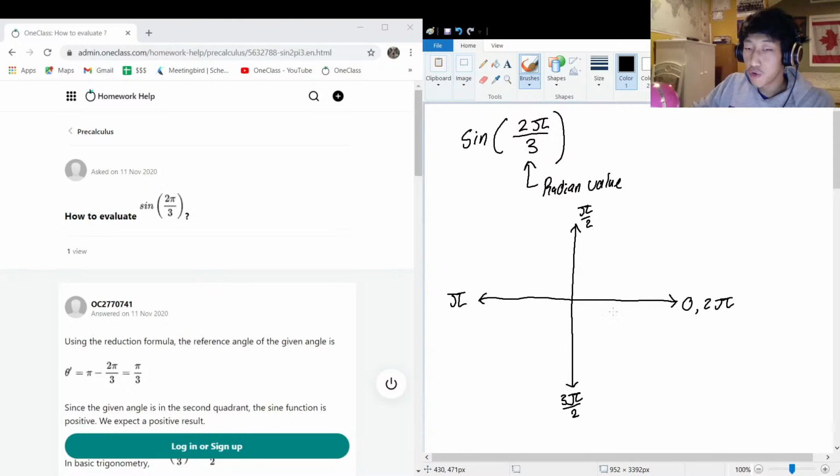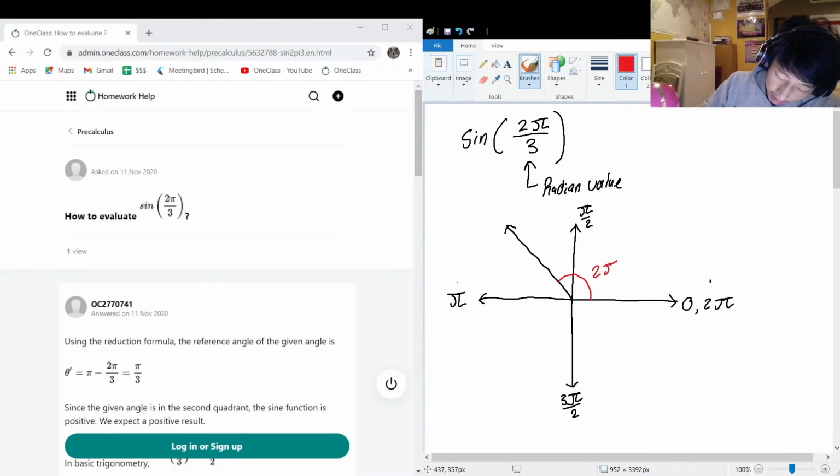Now what we have here, it says that we have 2/3 of a pi. So we're basically 2/3 of the distance between here and here. So the angle that we got here, this would be 2 pi over 3, 66% of the way there.